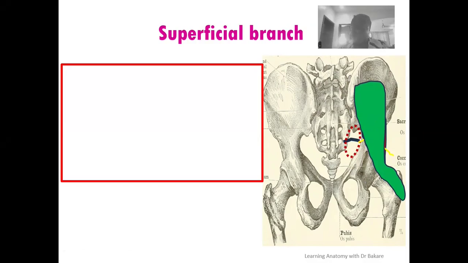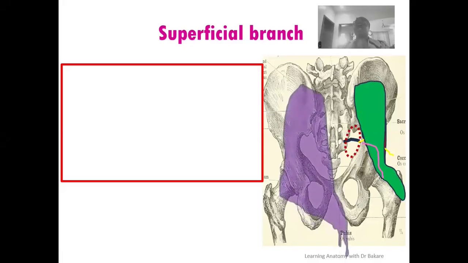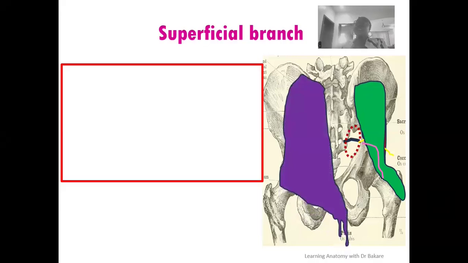Then the superficial branch is what is highlighted here in pink. This superficial branch, just as the name implies, is seen to run superficially, and it is seen to be positioned between the gluteus medius and also the gluteus maximus. This is where we have the gluteus maximus here, highlighted in purple. The gluteus maximus is seen to be overlying the gluteus medius.